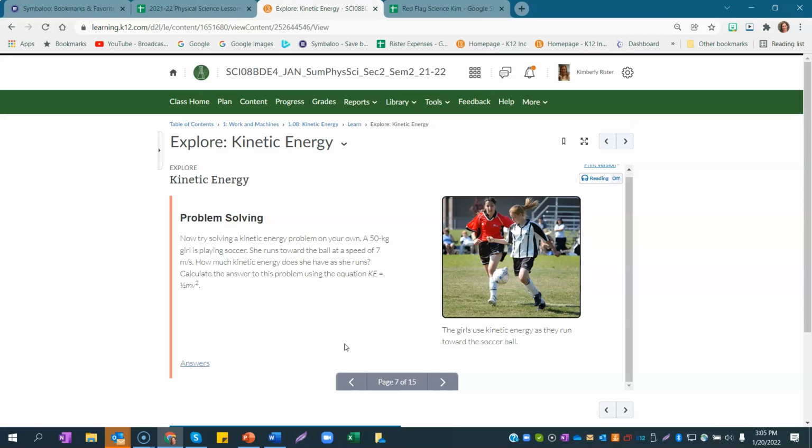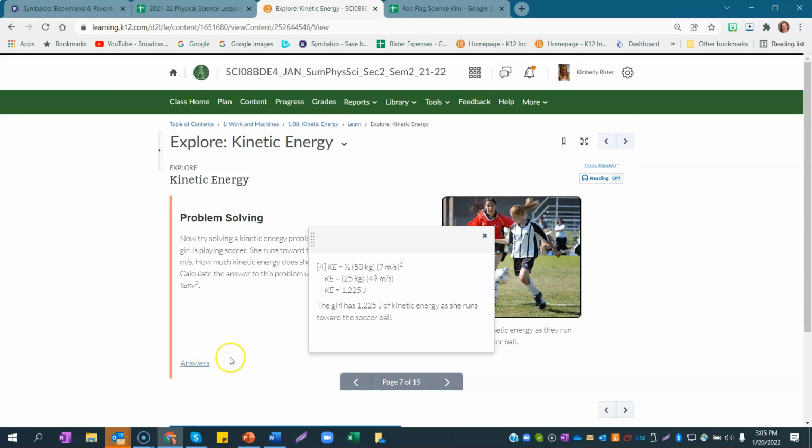So if we are talking about KE, it is going to equal 1/2, you've got 50, and then you've got 7 meters per second squared. The first thing we did, and I can show you so you're able to see it, is you multiply 7 times itself. That's 49.